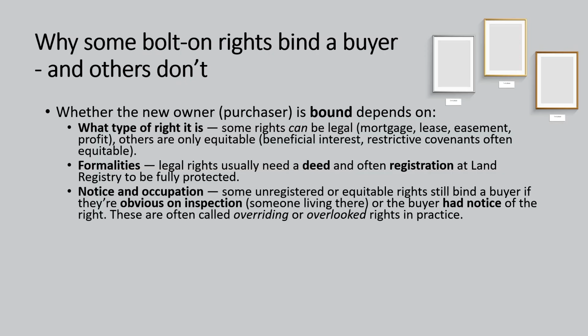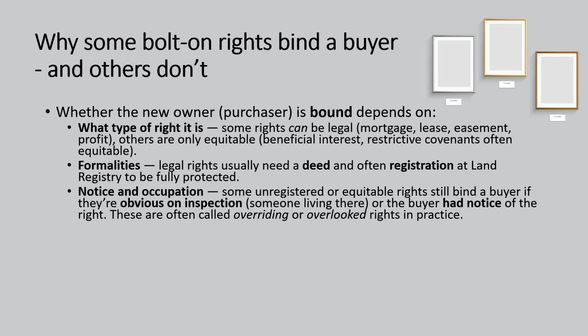Then another thing that might be important depending on the circumstances is whether there's notice, and whether the other party claiming to have a right in the property is actually occupying the property, really living there, because there can be some kind of rights that are called overriding rights, which we have a look at in future lectures.